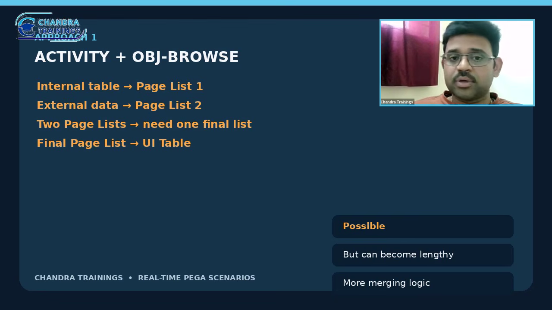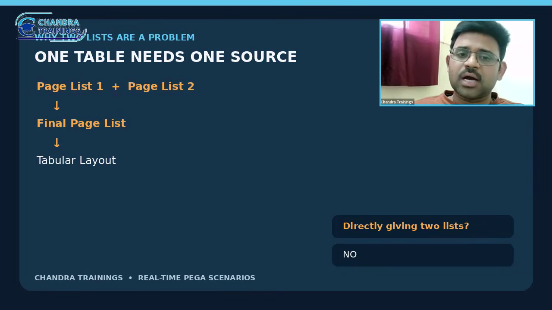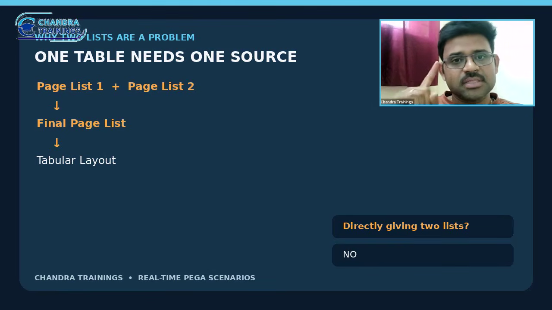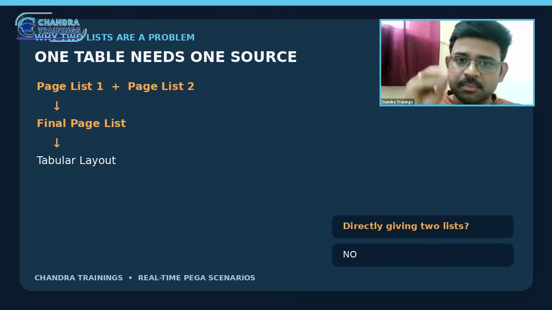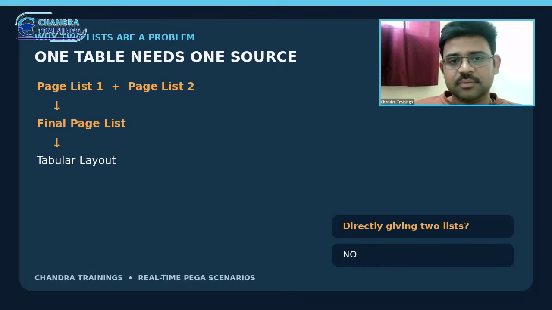Now, what about RDB methods? Let's look into another option: what if I use RDB methods? We know RDB methods allow us to work with the database using SQL. So if our external database is already connected to Pega, we can use the appropriate RDB method to get the required data, right?